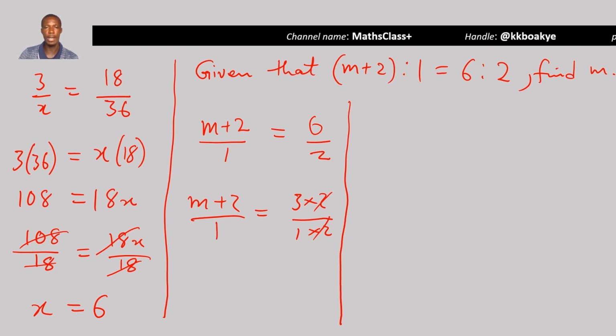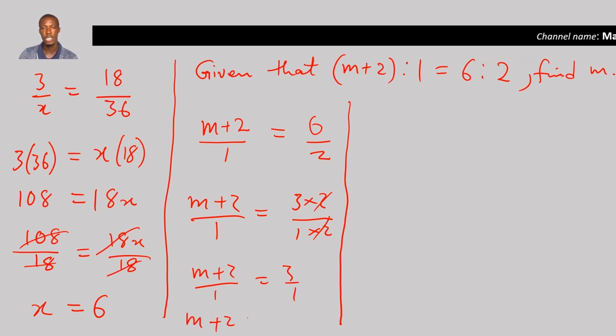They will go away, and now we have m plus 2 over 1 is equal to 3 over 1. Now you know in maths over 1 doesn't mean anything. So m plus 2 is equal to 3. Our m will be equal to 3 minus 2, and so our m will be equal to 1.